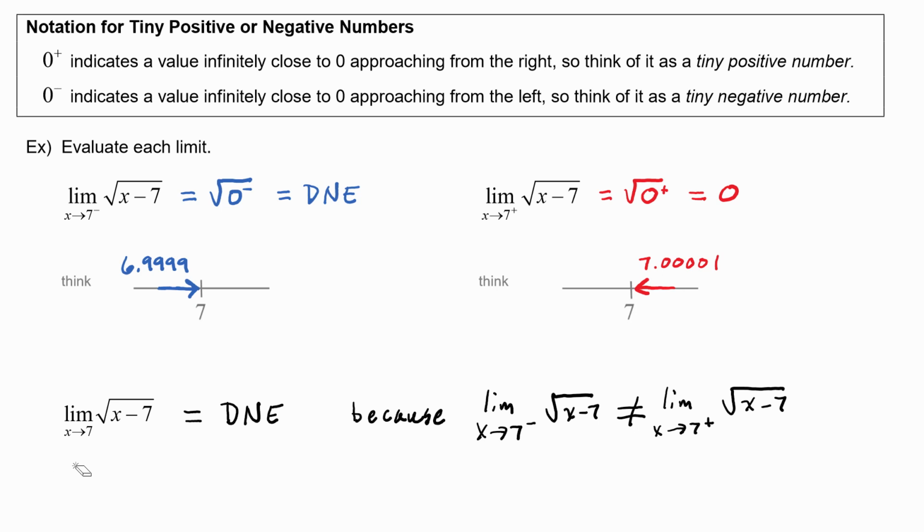Remember, for the two-sided limit to exist, the limit from the left and the limit from the right have to be equal to each other, and these two were not. That's why we say the two-sided limit does not exist.